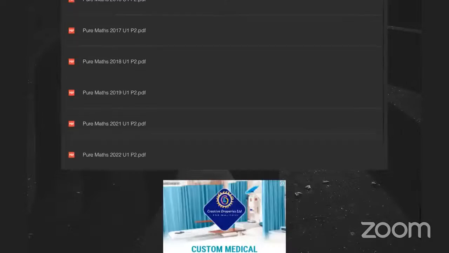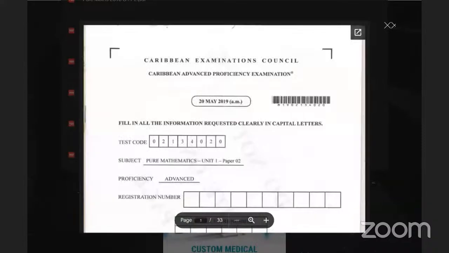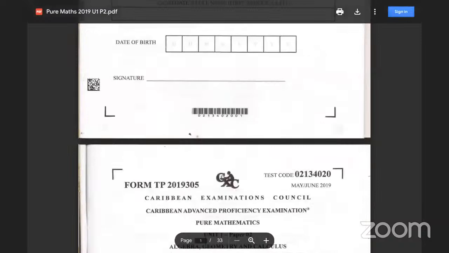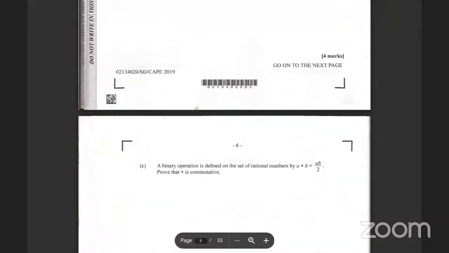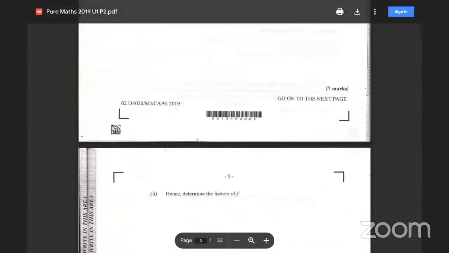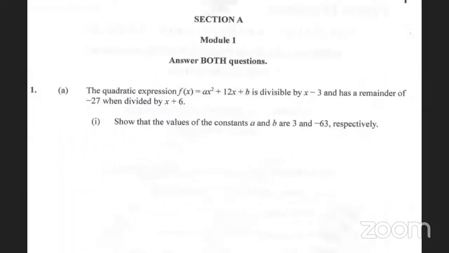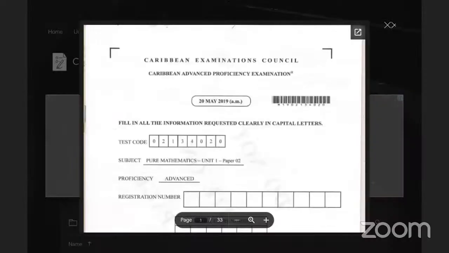Right, let's take a look at what 19 looks like. You're seeing the screen? All right, nice. That was 7 marks. Hold on, I want to show you one a little bit different.